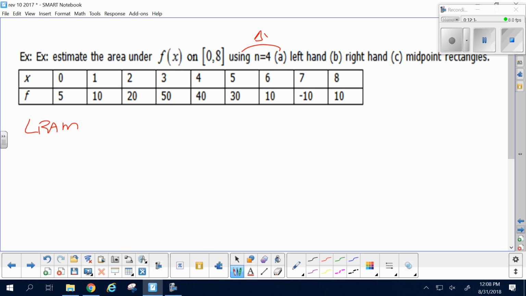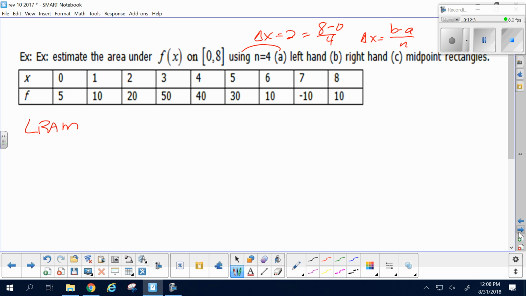Each delta x is 2. How did you find that? 8 minus 0 divided by 4. So you could say that delta x comes from the right edge minus the left edge divided by however many rectangles you want in this case, yeah? Okay, so delta x comes from the width of the region divided into some number of chunks.